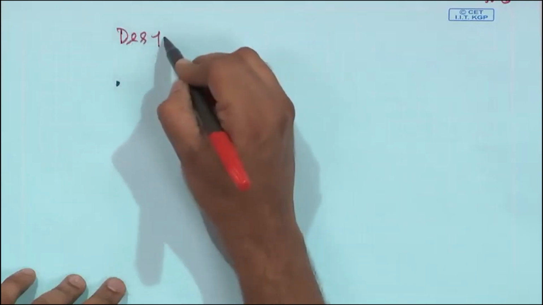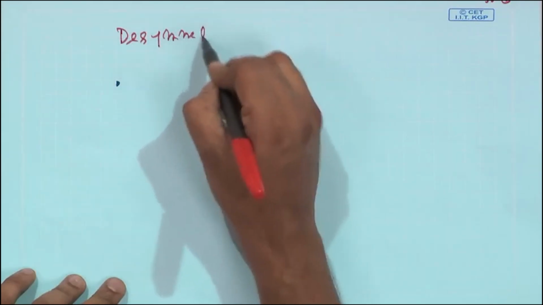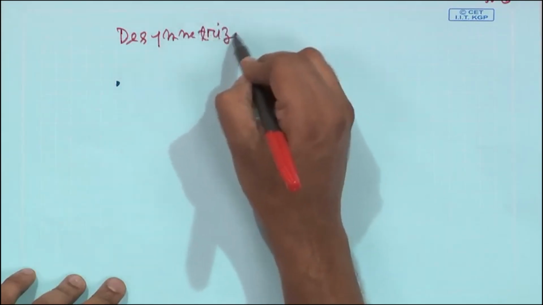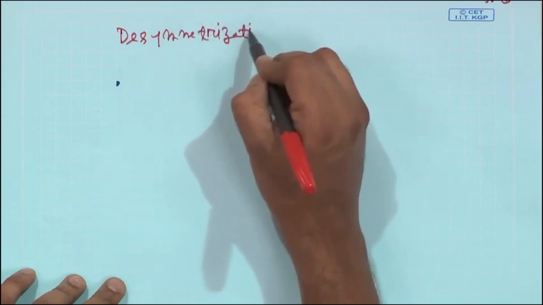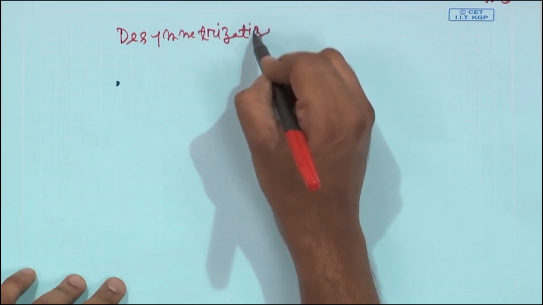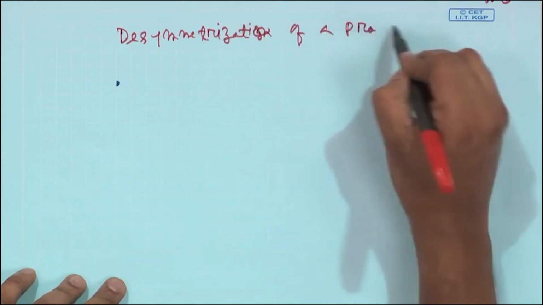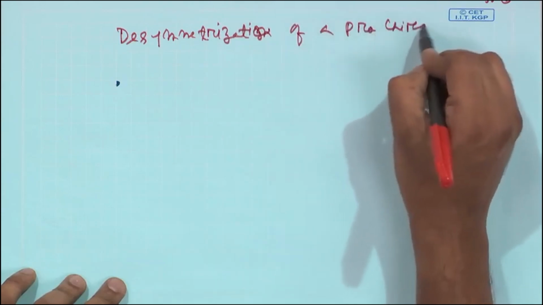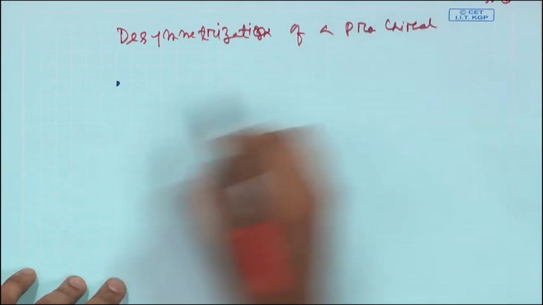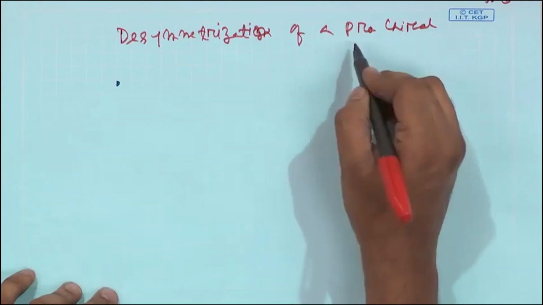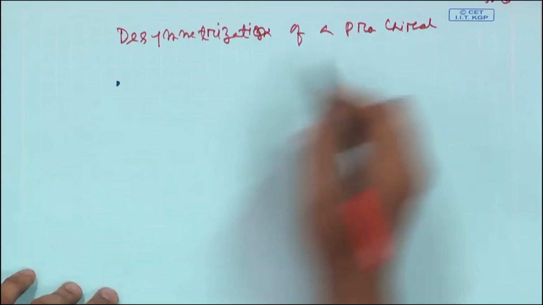Next, I said desymmetrization can be of two types. Normally, we always talk about desymmetrization of a prochiral assembly, meaning the molecule is not exactly chiral. And that will also give you the divergency.